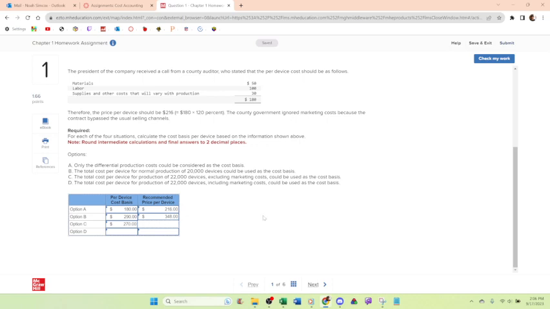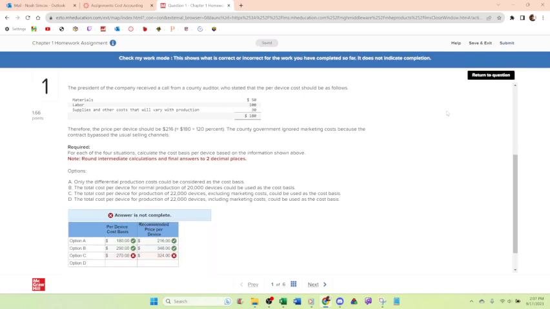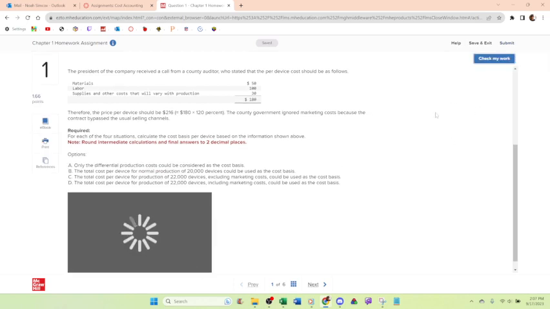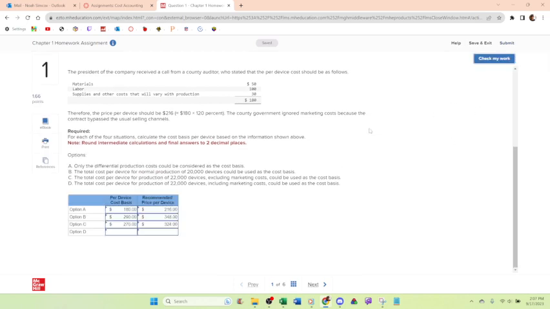$270 times 1.2. How is it different depending on what?